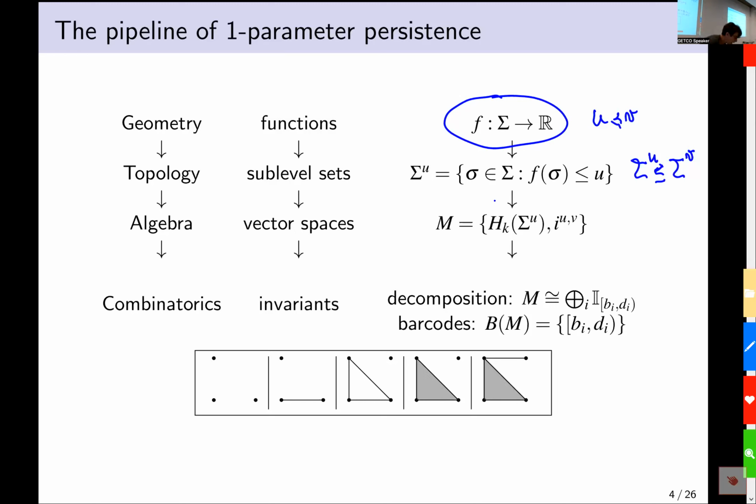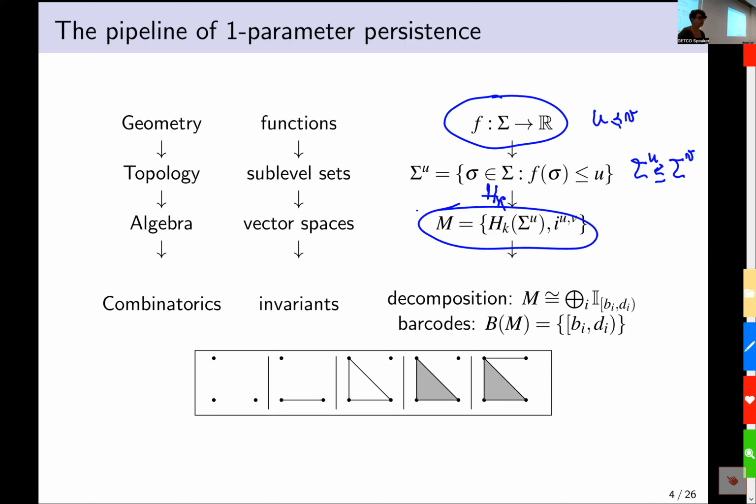So after applying homology, we obtain this, which is the persistence module. And so we have translated the data from some geometric or topological information to some algebraic information.